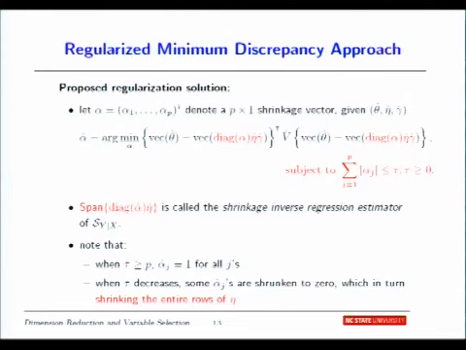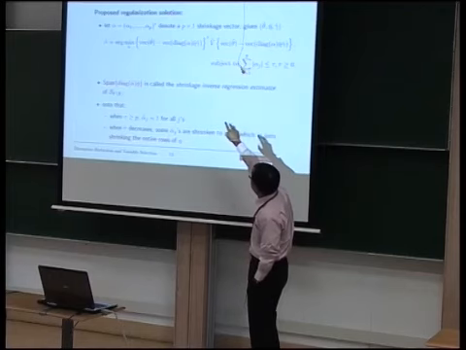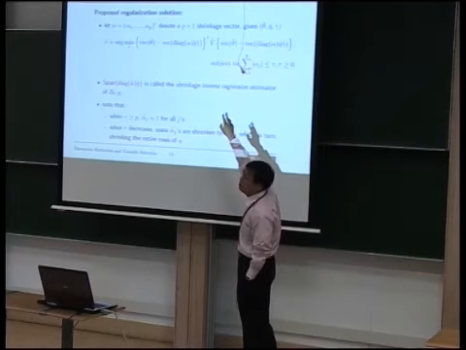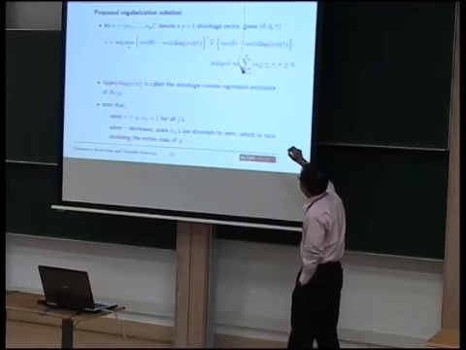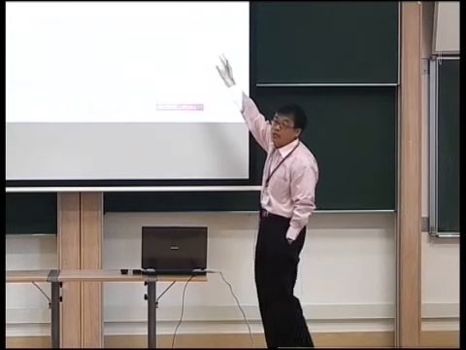Now we are ready to talk about our regularized sufficient dimension reduction or variable selection. So after we get this matrix theta hat, eta hat, and gamma hat, we further introduce a p by 1 shrinkage vector alpha, and then we minimize this function over here, where we multiply in front of this matrix eta hat the diagonal matrix of alpha, and we impose some constraint on the elements of alpha.